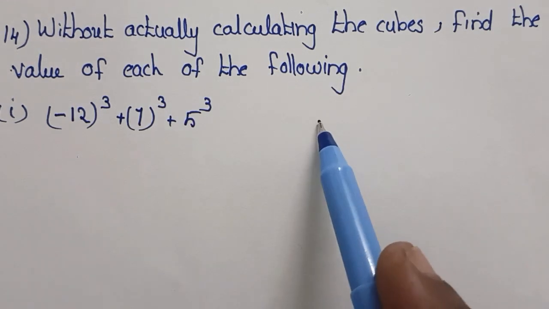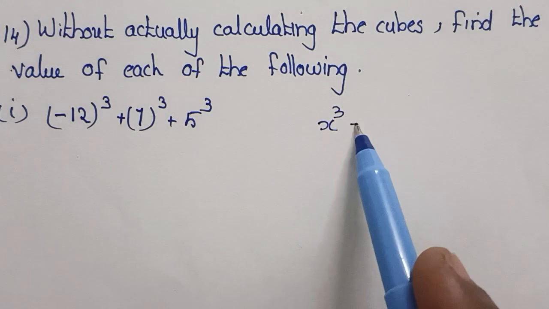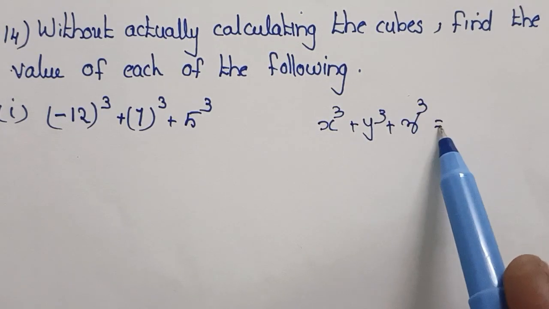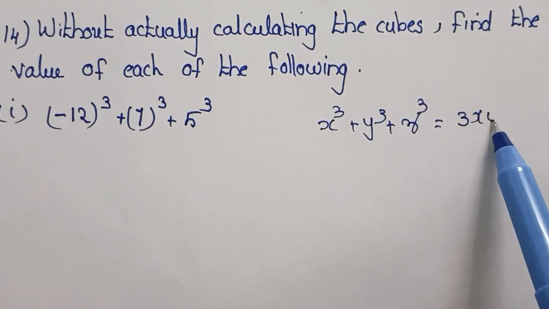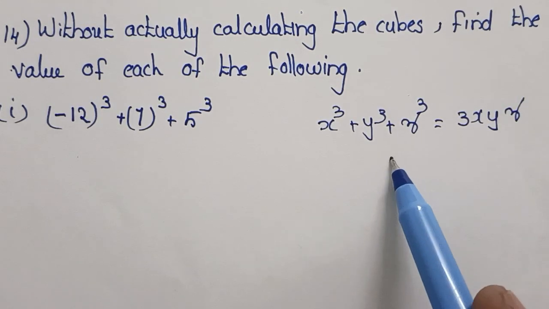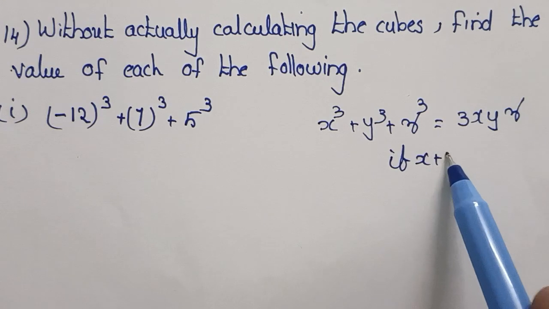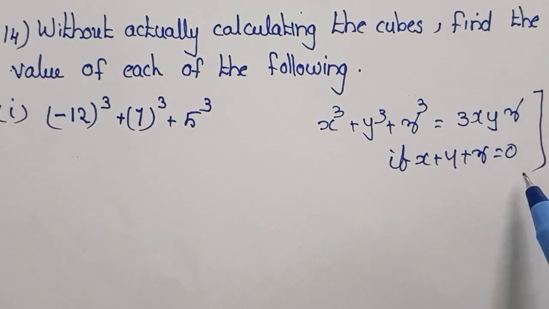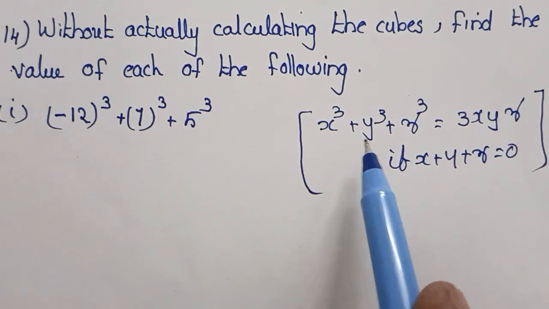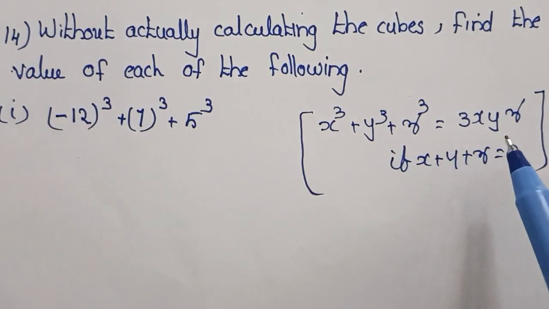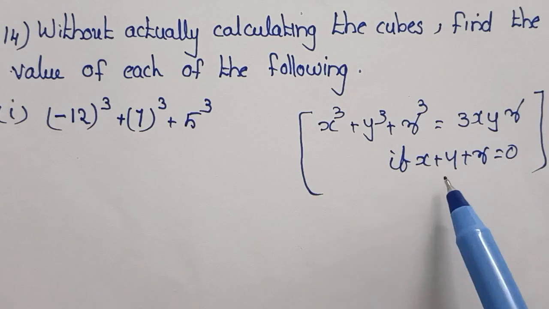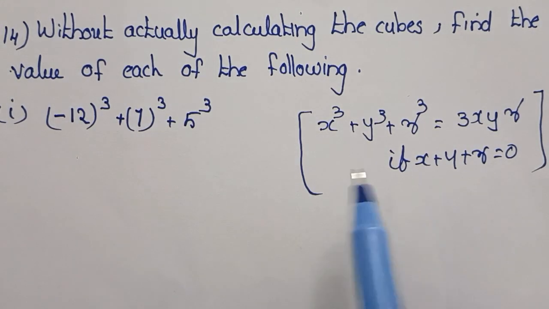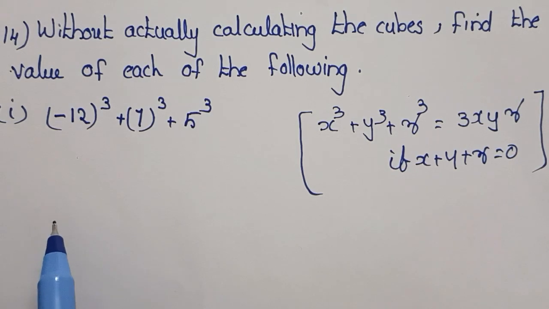Now we know that x cube plus y cube plus z cube equal to 3xyz if x plus y plus z equal to 0, isn't it? In previous question we proved that x cube plus y cube plus z cube equal to 3xyz if x plus y plus z equal to 0. Okay, now we have to apply this rule to this given question, first one.